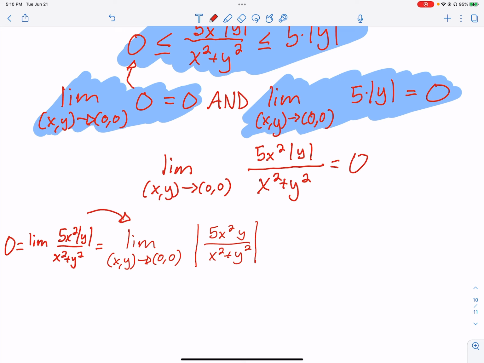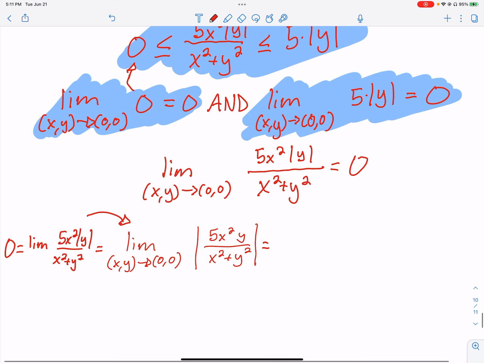We didn't change anything. So 0 equals that limit. We proved that using the squeeze theorem. Now we're saying the absolute value can be extended out. Using Calc 1, we can take that absolute value and extend it to the very outside of our limit because it's continuous. So (0, 0).